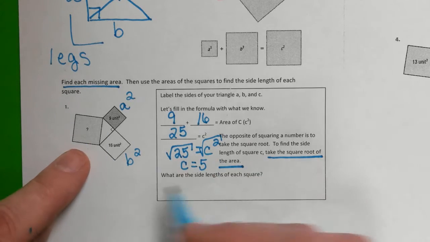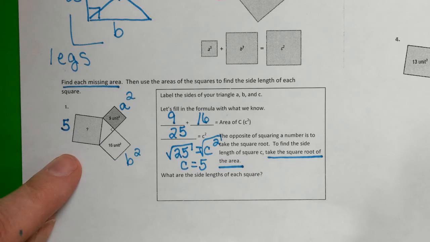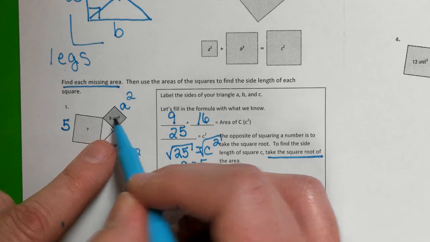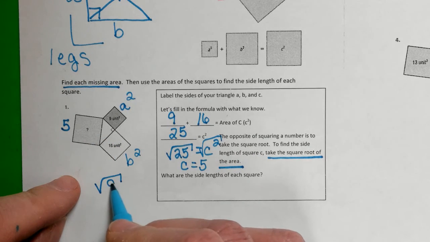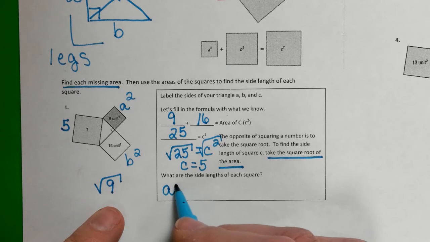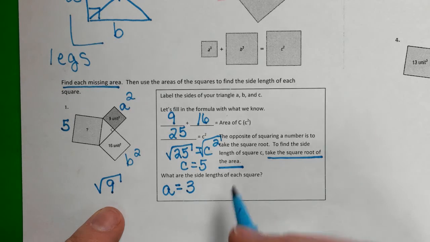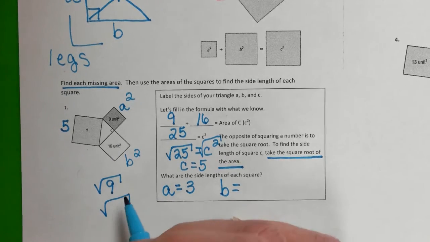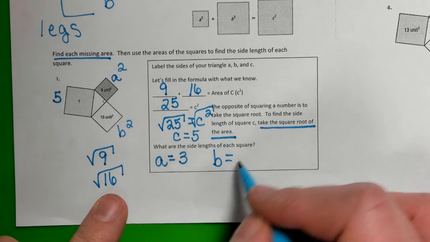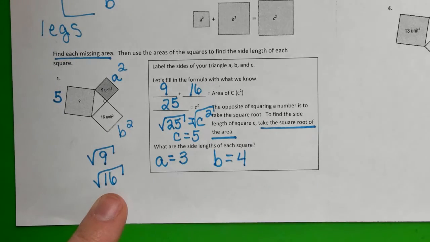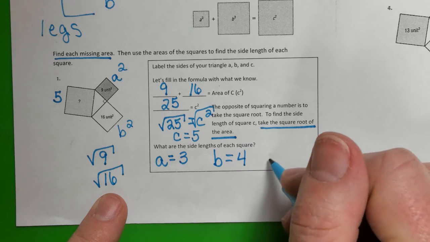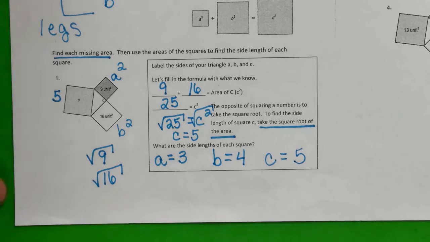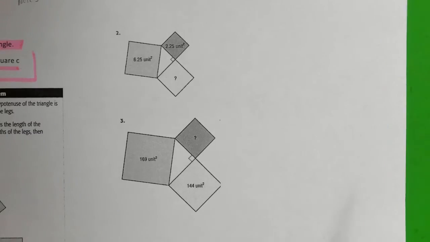If I want to find the side length of square A, all I have to do is take the square root of 9. So each side of square A is 3. B, the area was 16. The square root of 16 is 4. So the side of square B is 4, and we already said that the side of square C is 5. Okay? So let's look at the next example.